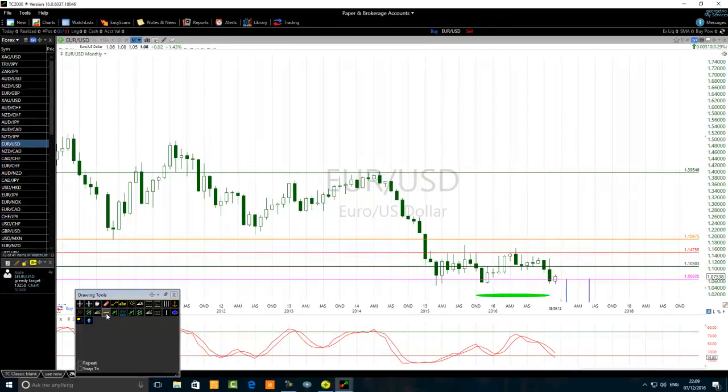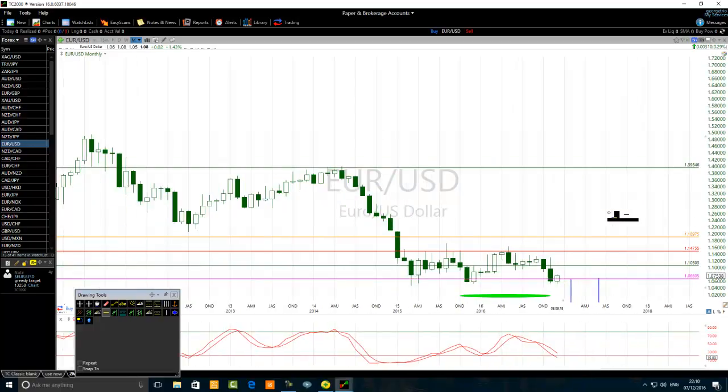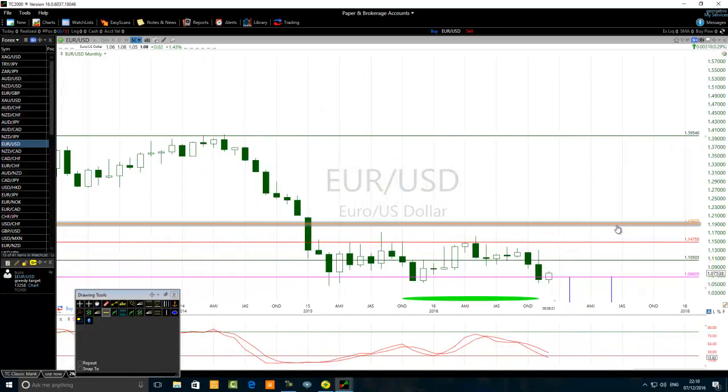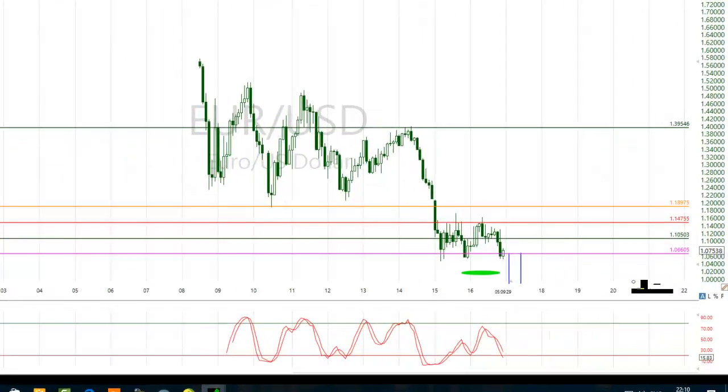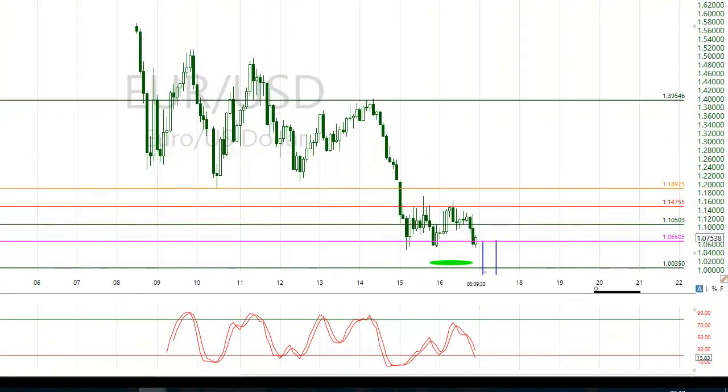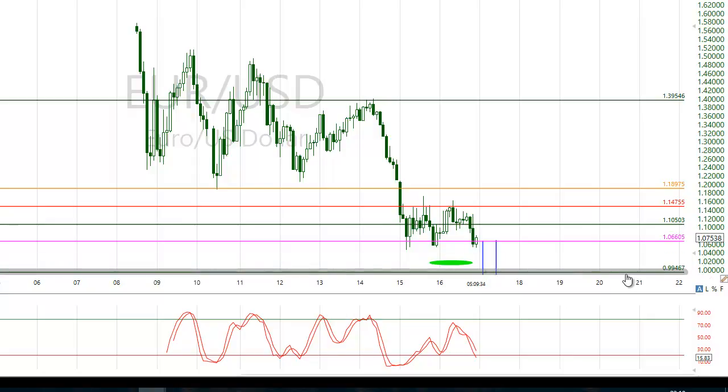In my view, if the euro dips below the 10660, there is a high chance that the euro may reach parity with the dollar. So if it dips below 10660, there is a high chance that the euro will come near the level of 10000, which means equality between the euro and the dollar, when the euro is exactly equal to $1.